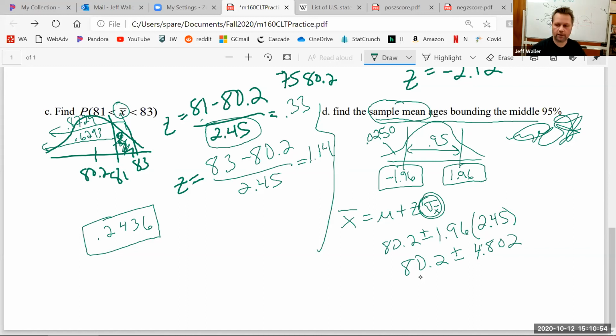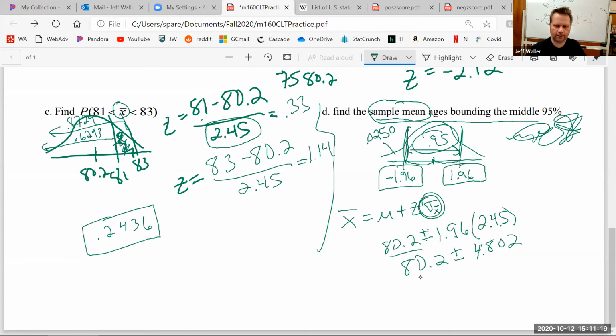4.802. So really quick, if I go up almost 2 steps and down almost 2 steps in a normal distribution, I catch 95% of the data. So that's what I did. If I start at the mean and I go up almost 2 steps and I go down almost 2 steps, that's exactly what that is mathematically doing. So now I do 80.2 minus 4.802.